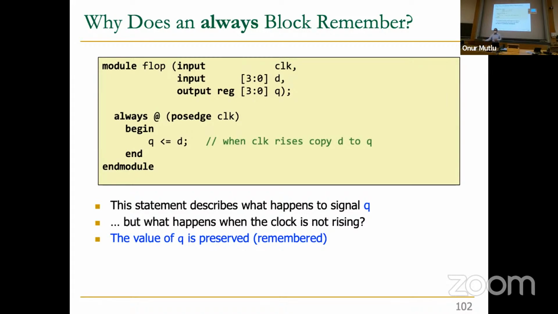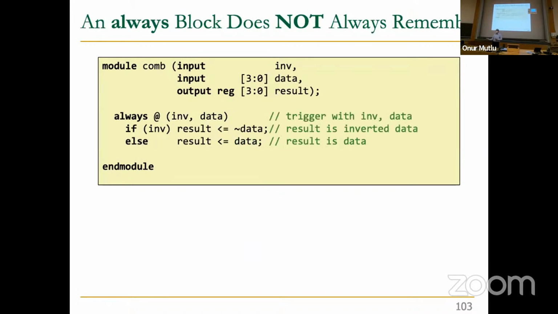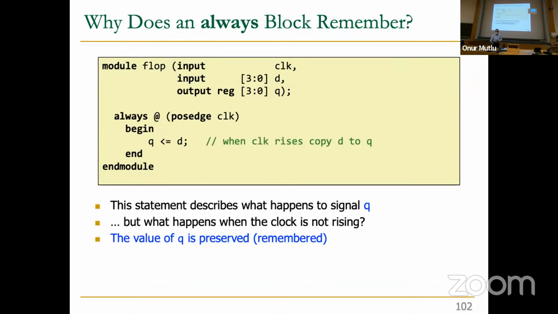Now that brings us to always blocks that are combinational and not sequential. By looking at this, it is definitely sequential, right? Because you remember a value, even though you didn't explicitly assign it. You explicitly assigned it at some point in the past, of course, but you don't explicitly say you remember it, right? There's no explicit specification here that says you remembered an old value. It's just how it is.